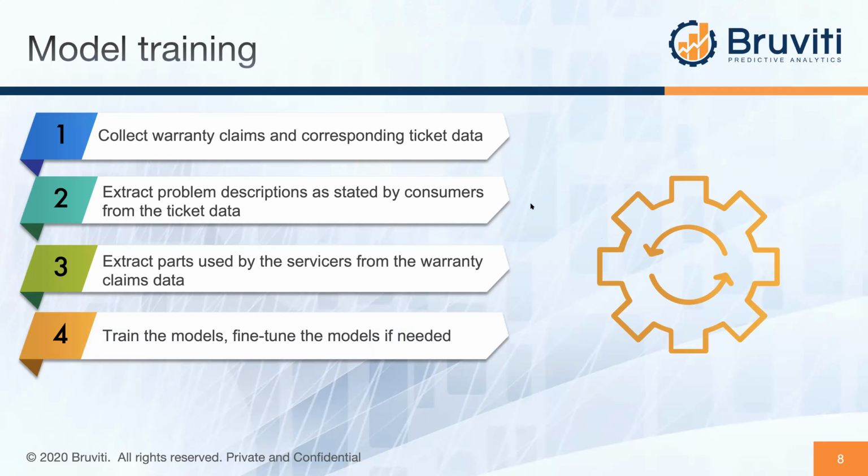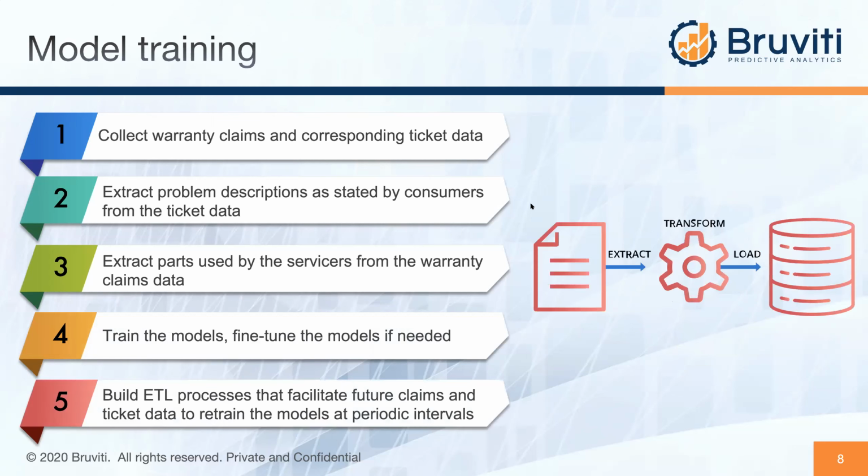Using that, we train the model and we fine tune the model. When we say fine tune the model, this is where we use what we call an 80-20 rule, where we build a model on 20% of the data, and then we apply that model on the 80% of the data as a test case. And we keep repeating this process. This could be a multifold process where different samples of 20% of the data are taken and applied to the rest of the 80% of the data, just to check whether our model is functioning or not.